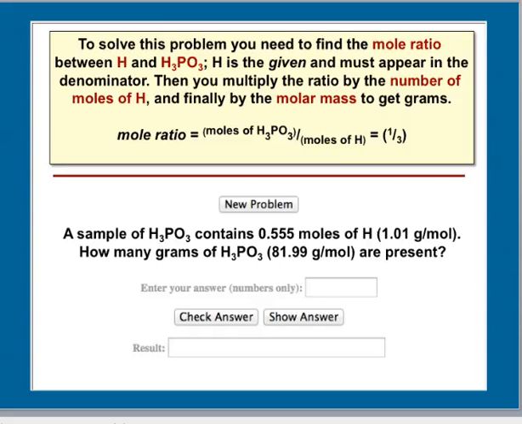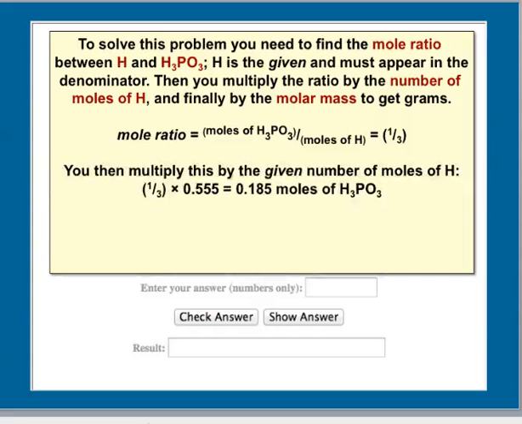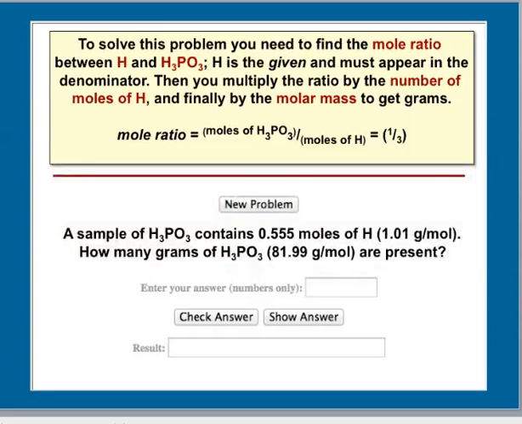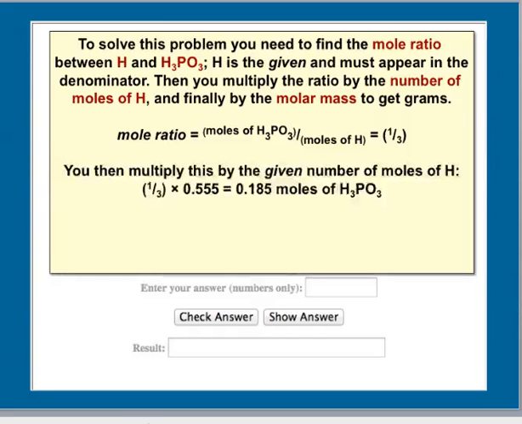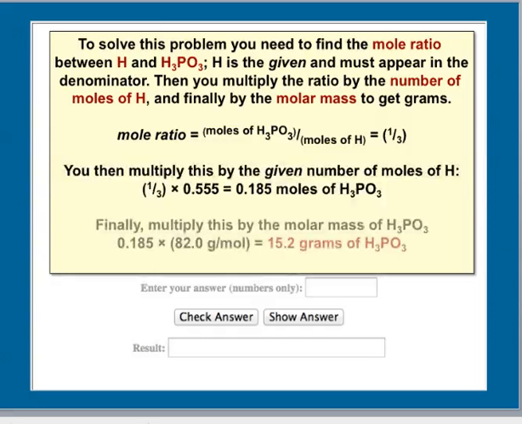We are given moles of hydrogen, multiply moles of hydrogen by our ratio, we get moles of phosphorus acid. We've done that. Finally, if we know how many moles of phosphorus acid we have, and we know each one is 82 grams, this is 15.2 grams in our sample.